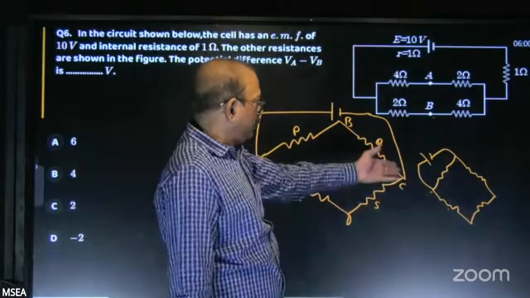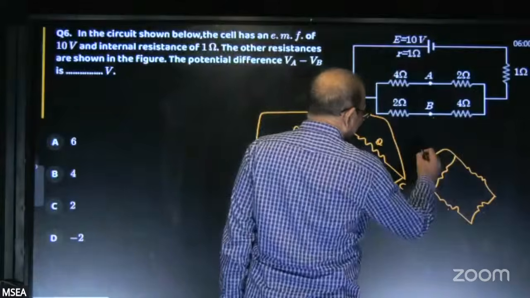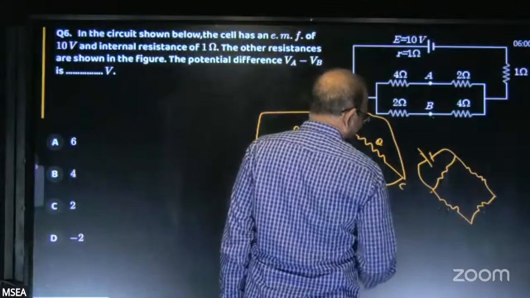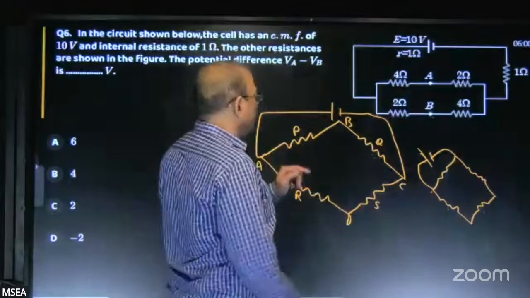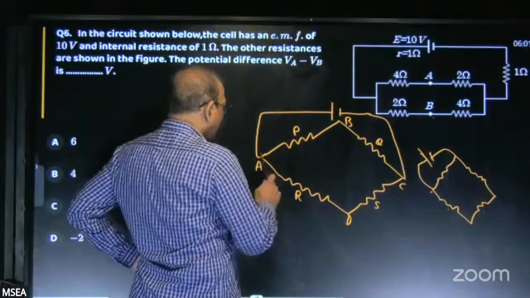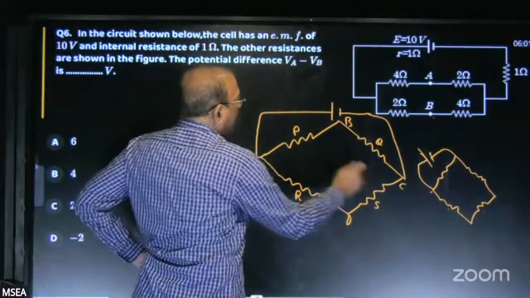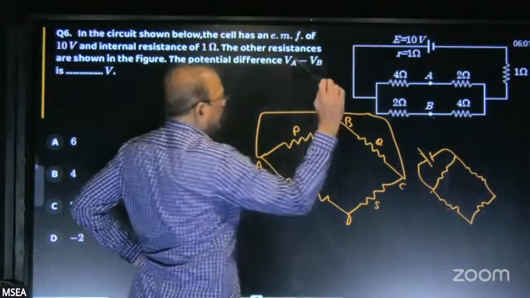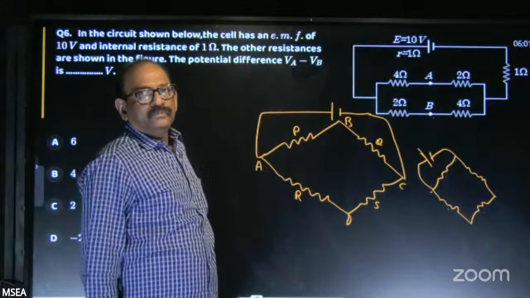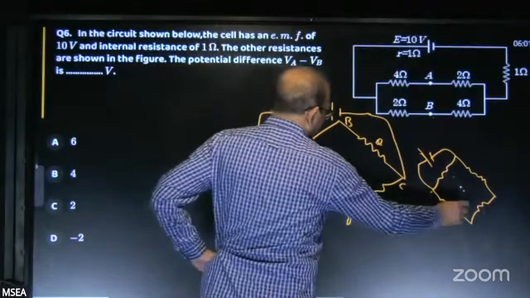If you do like that, that is wrong. This is not that. See here, this is different. Wheatstone bridge means 4 resistors connected to form 4 junctions, with the battery connected between one pair of opposite junctions. This is not a Wheatstone bridge.